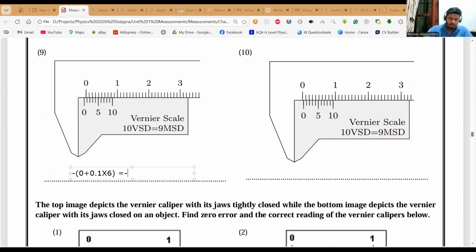This is minus 0.6 millimeters. If you go to here, it is basically a positive zero error. That will be 0 plus 0.1 multiplied by 1, 2, 3, the third one, that is 0.3 millimeters.